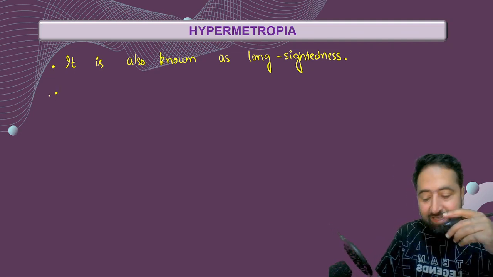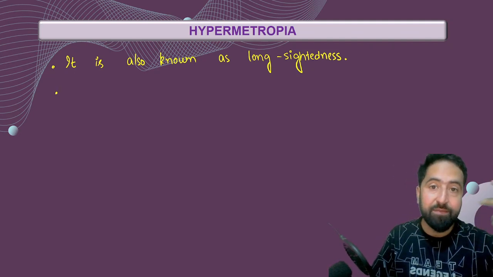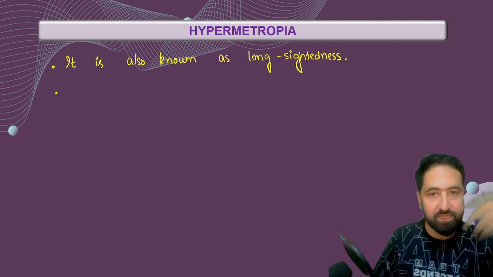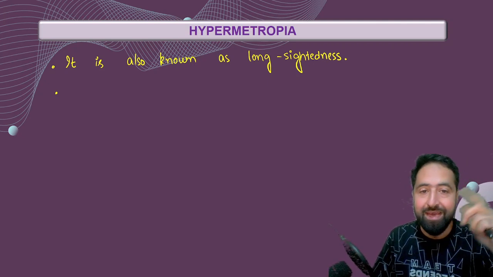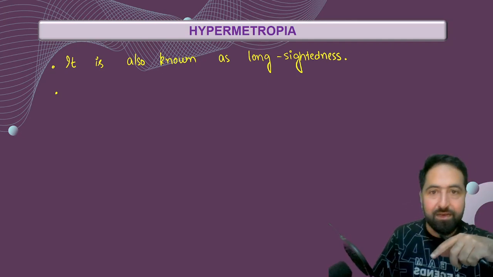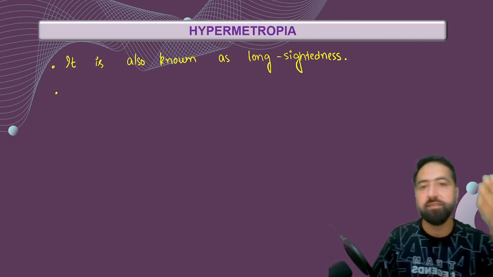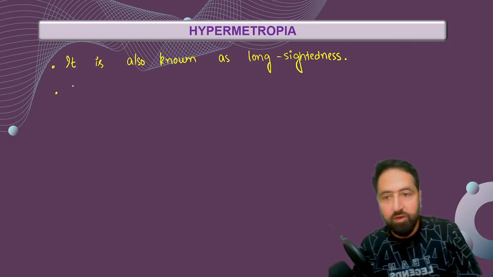Now in myopia you were saying that the nearby objects can be seen clearly, but the far objects cannot be seen clearly, okay. Here it's the reverse. You can see the far objects clearly, okay, आप दूर की चीजें अच्छे से देख पाएंगे लेकिन नजदीक की चीजें अच्छे से नहीं देख पाएंगे, okay.